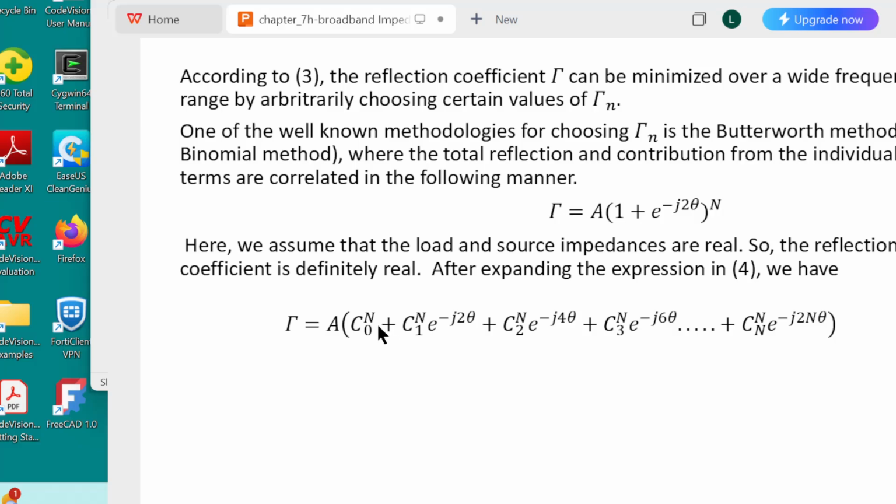Where C of n, 0 here represents n choose 0. In this case, n choose 1, n choose 2, n choose 3. And the overall formula is like this.